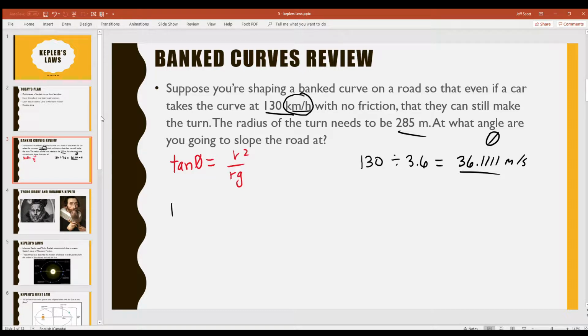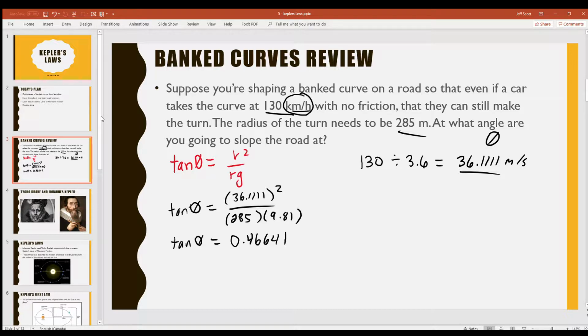So this is going to be the number that we put into this formula here. So again, we'll say tan theta equals our velocity, which is 36.1111 squared, divided by our radius, which is 285, times gravity, which is 9.81. This is going to give me tan theta equals 0.46641.